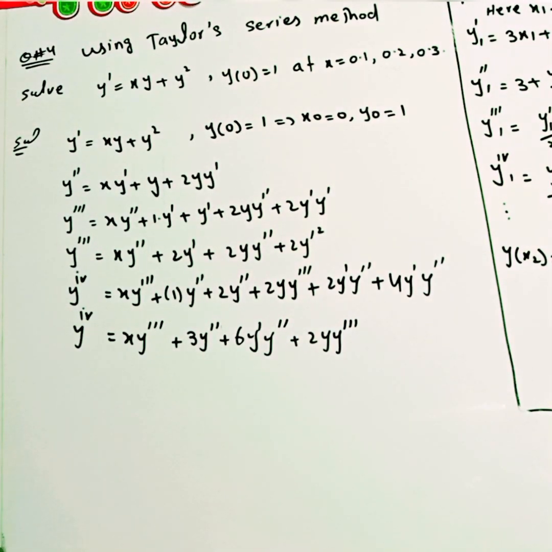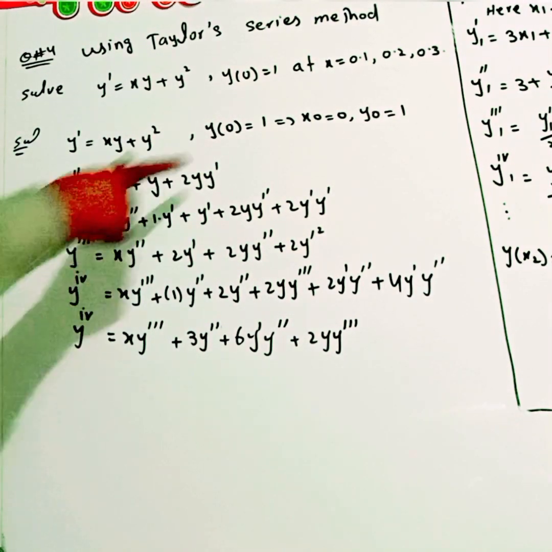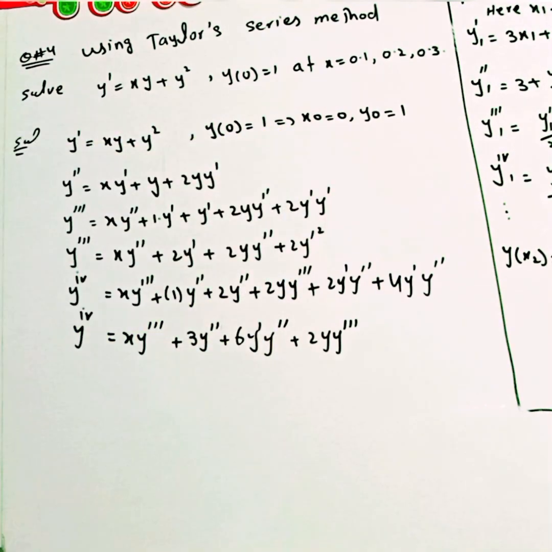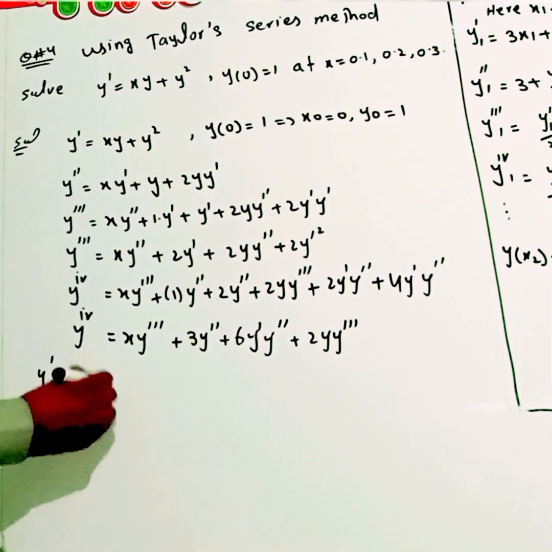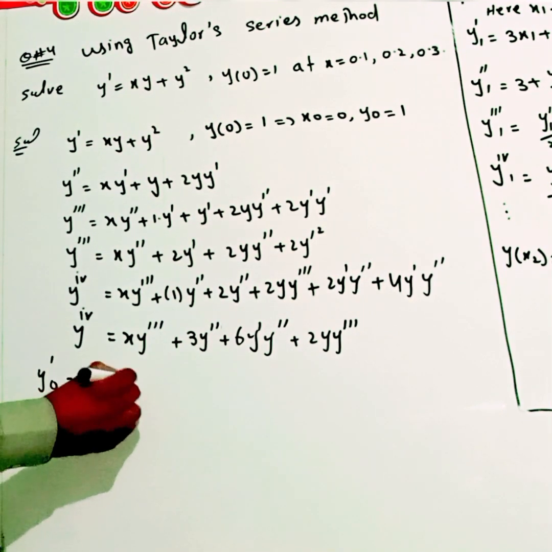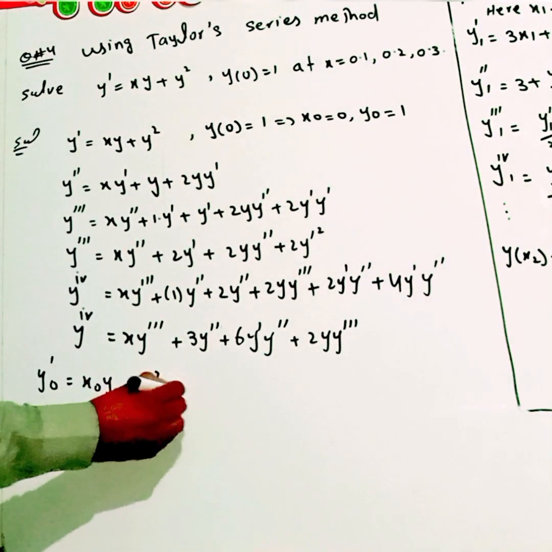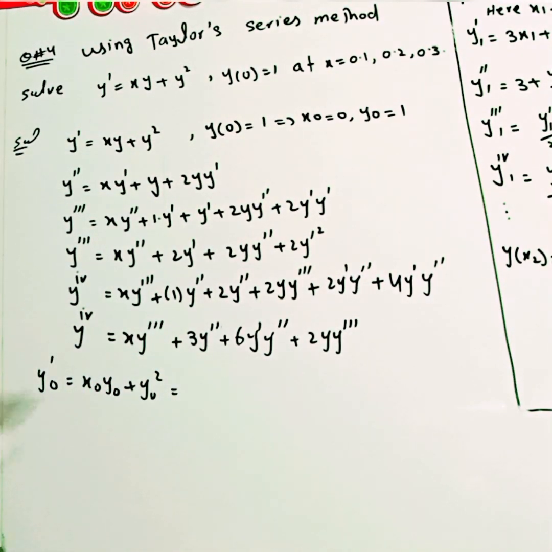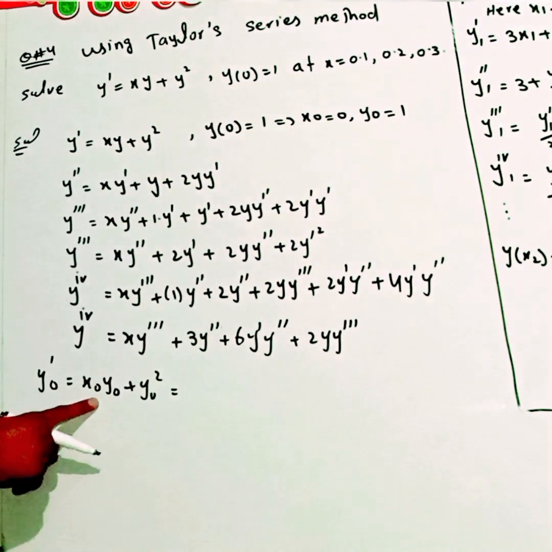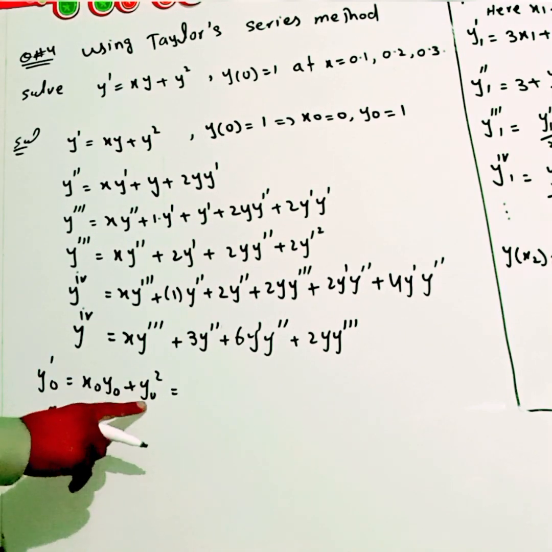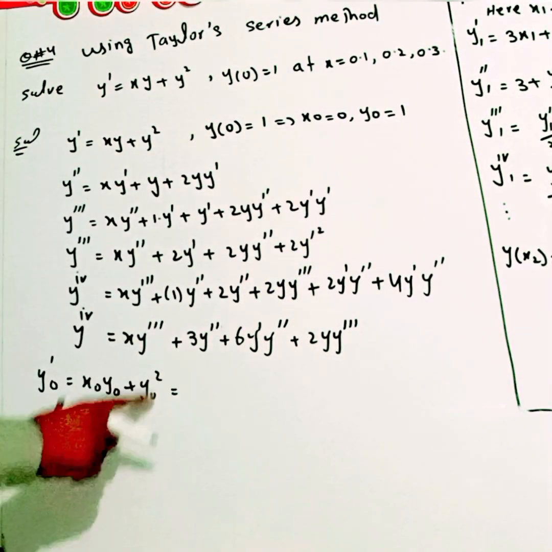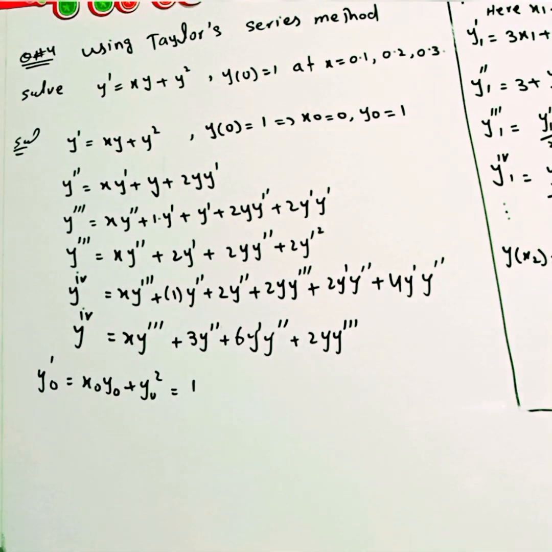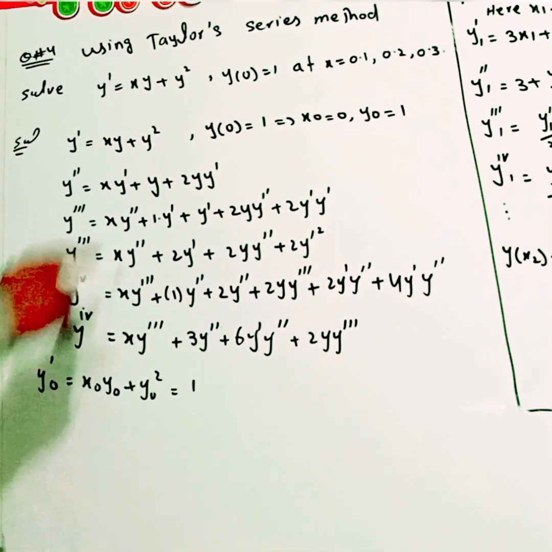Now we find the values of all these derivatives at x naught is equal to 0. Y prime naught is equal to x naught y naught plus y naught square. We know that x naught is equal to 0, so this term becomes 0, and y naught is equal to 1 and square of 1 is equal to 1, so we have y prime naught is equal to 1.